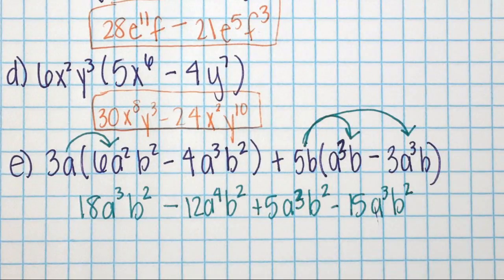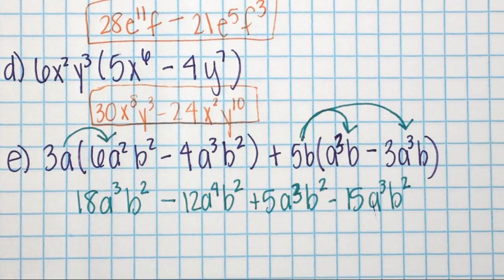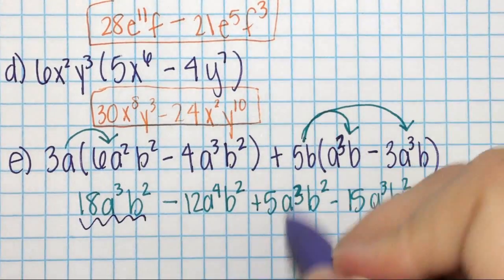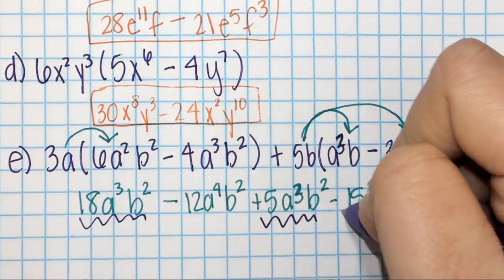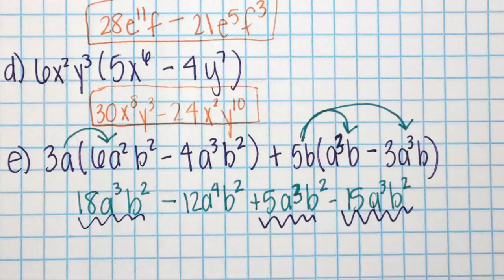All right, now, thank you, Mason, for pointing that out. I need to remember that for next time. I got excited. How many different terms can we combine now? We have 3 that we can combine: this one, and this one, and this one. Why can we combine those? Yes, all the exponents are the same.